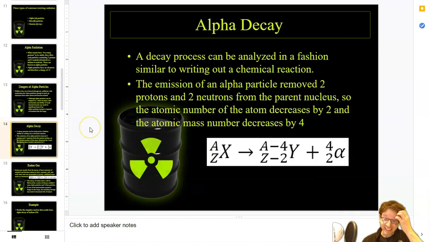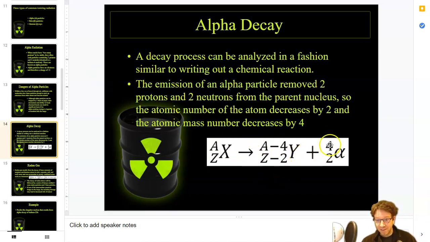So if we were to write this, let's say you have an atom. Some atom, let's call it X, has a certain number of protons and neutrons. Because it emits an alpha particle having 2 neutrons and 2 protons, we write a 4 up here for its atomic mass, and a 2 for its atomic number.